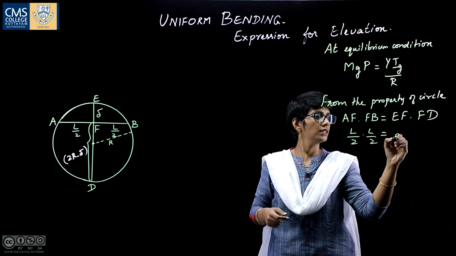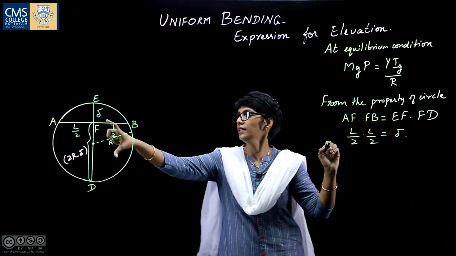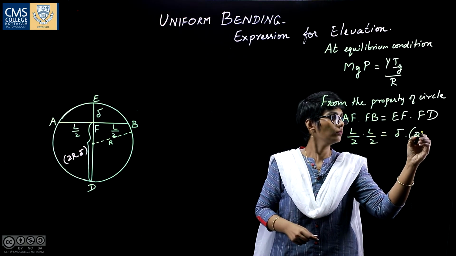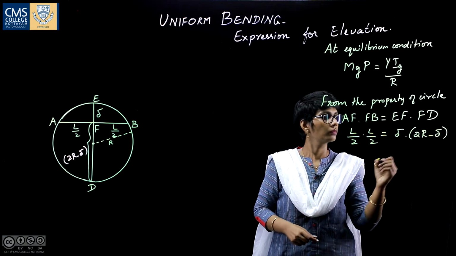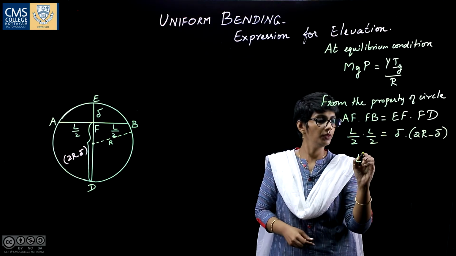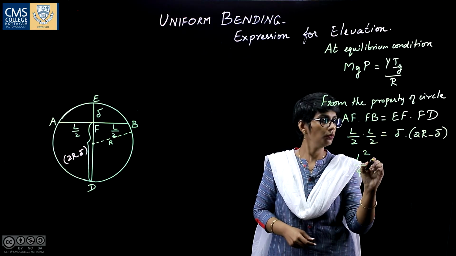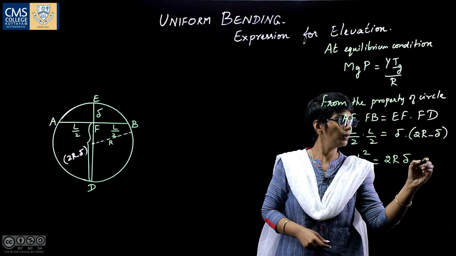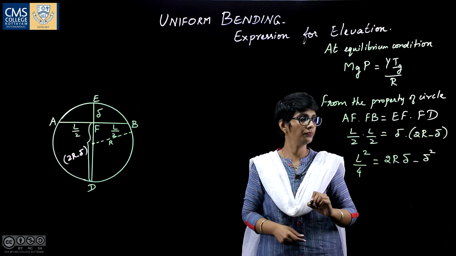EF we know is delta and FD is 2R minus delta. So multiplying, we get L square by 4 equal to 2R delta minus delta square.